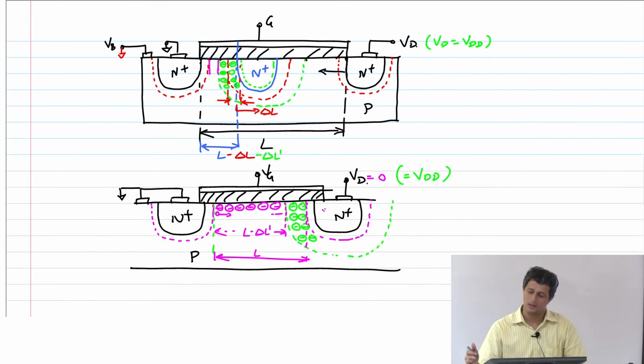Okay? Yeah. So in the given time, I think I can derive one thing, which is basically we can derive the first short channel effect, which is basically channel length modulation.